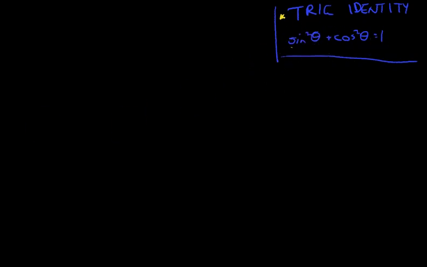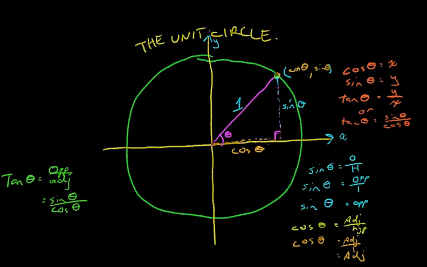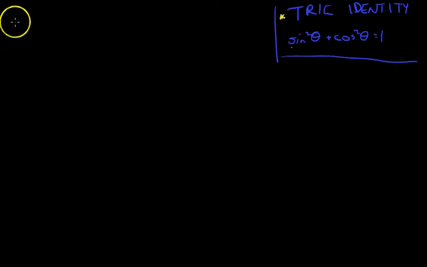Okay, so back here, we looked at our unit circle and we looked at a right angle triangle that comes from it. And we came to this conclusion here, a really important one.